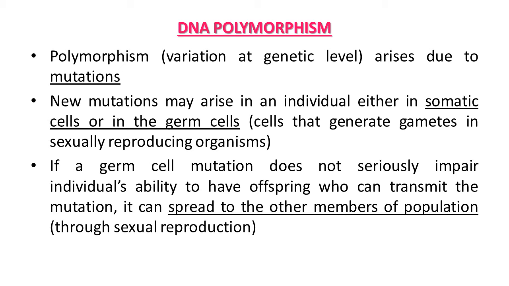At the time of sexual reproduction, as we know, fertilization takes place and germ cells undergo fusion, and from parents to offspring, or more broadly, among members of a population, it can spread.